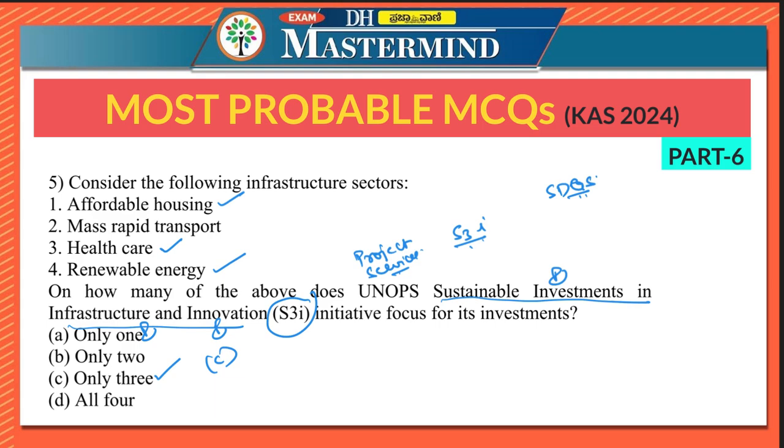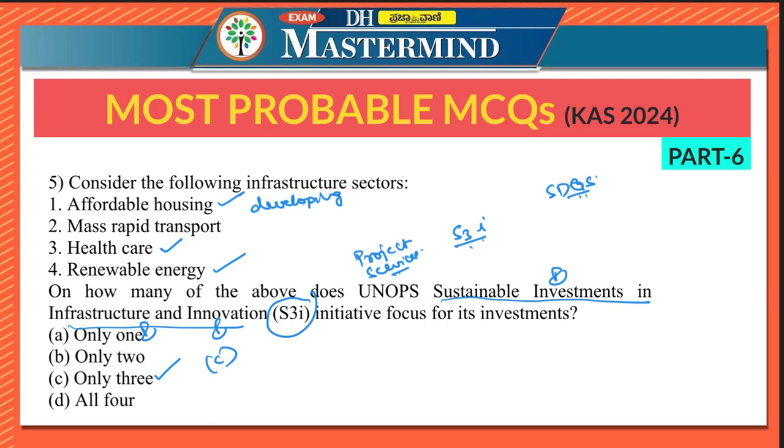Affordable housing is a major area of focus, addressing the global housing shortage, particularly in developing countries, while healthcare investments in health infrastructure, including hospitals and clinics, are critical for improving public health outcomes. Renewable energy is important for promoting renewable energy infrastructure, and it aligns with the global need for sustainable energy and the transition away from fossil fuels.